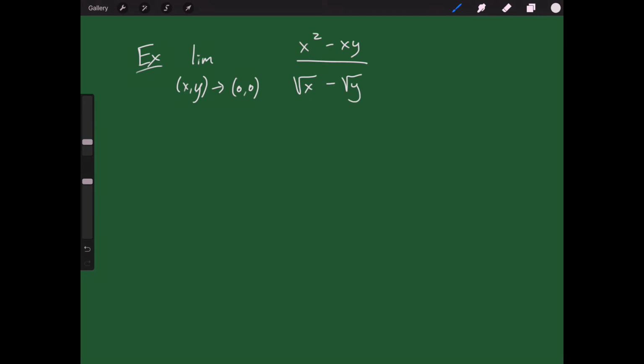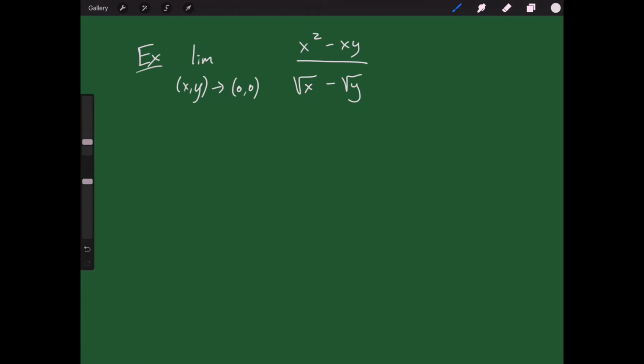Now the first thing we might try is to plug in (0, 0). But if I plug in (0, 0), I get a 0 on the top and a 0 on the bottom. And that's not so good, we know. A limit is not typically going to give us 0 over 0. That's an indeterminate form. We don't like that.